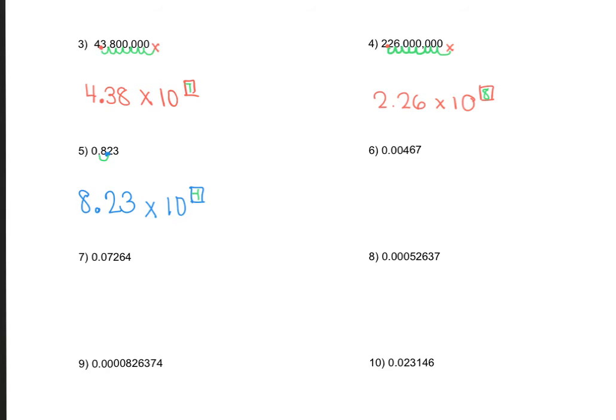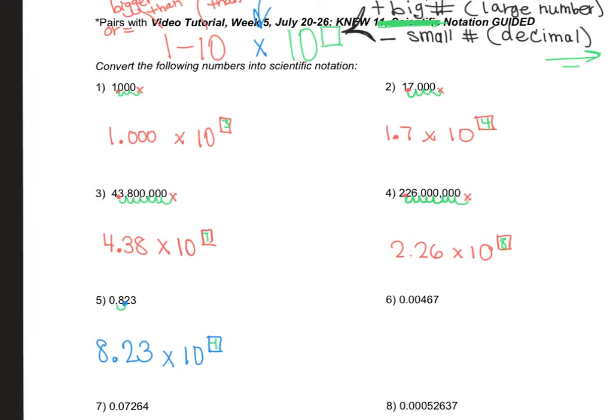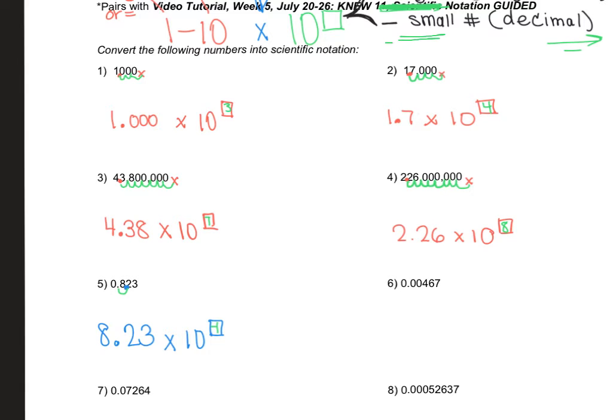So since I started with a small number, okay, a decimal number under 1, because these could have had decimals, I am going to have a negative exponent.